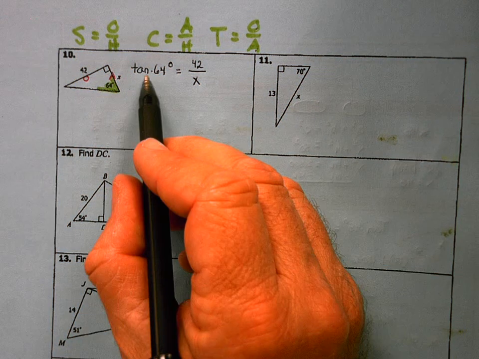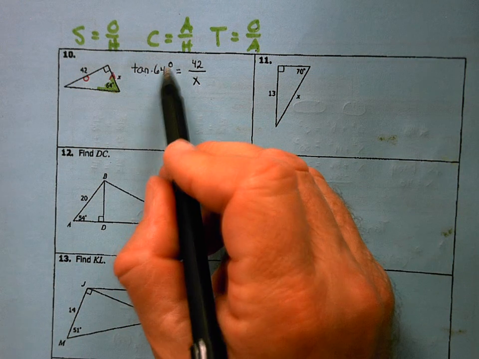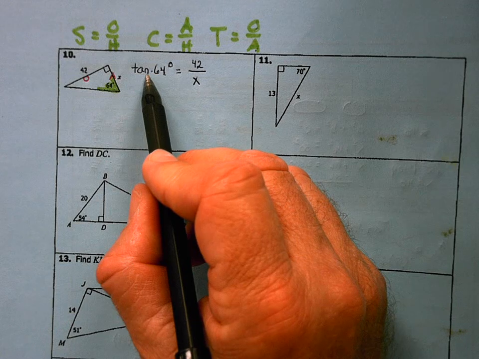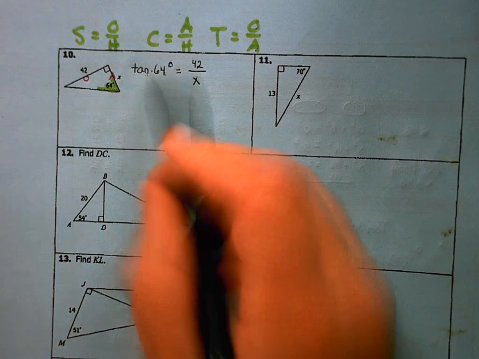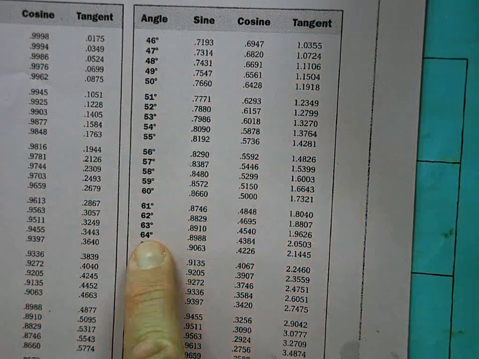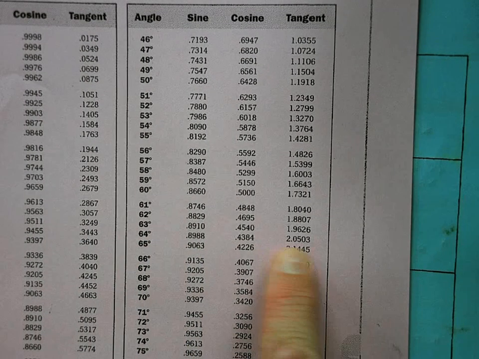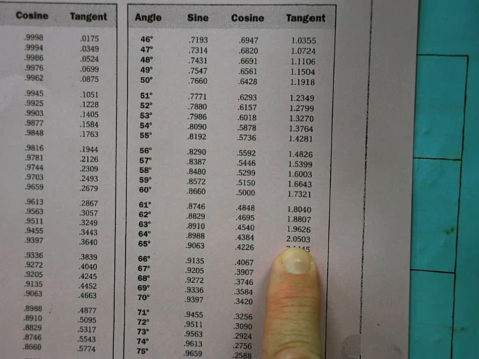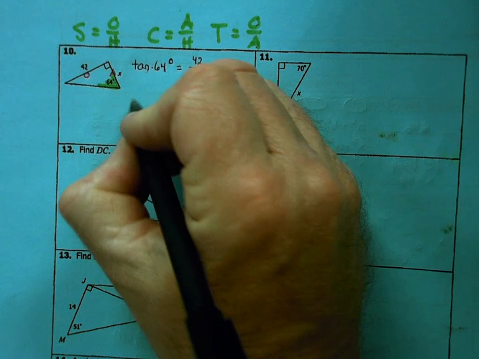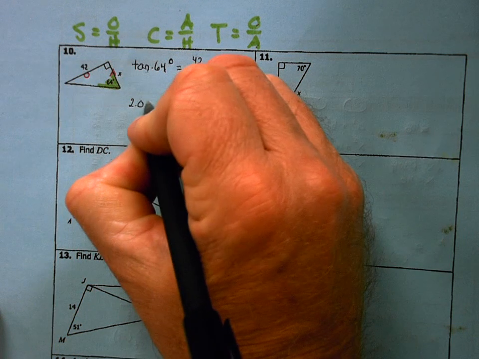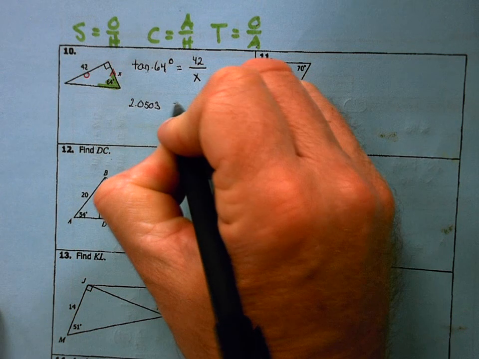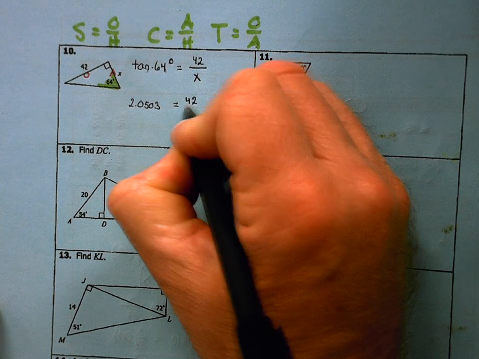Okay, so now I'm going to go to my table, go to 64 degrees, and see what the decimal is for a 64-degree angle tangent. So here is 64 degrees, way down here, and you can see that the tangent decimal is 2.0503. So 2.0503 is going to be equal to 42 over x.